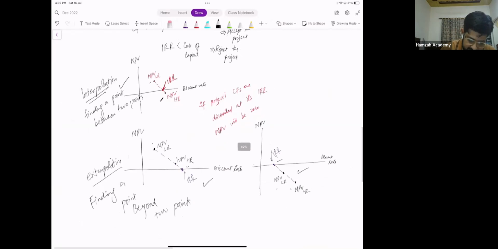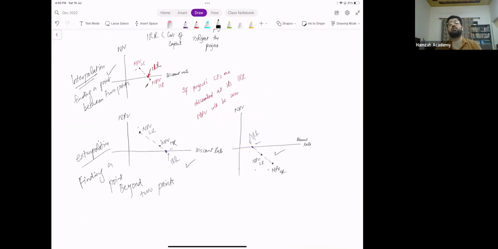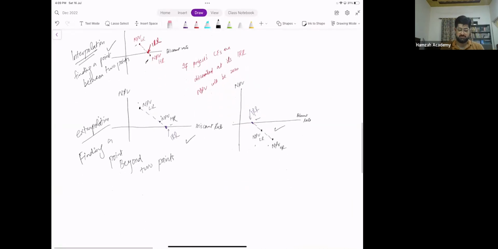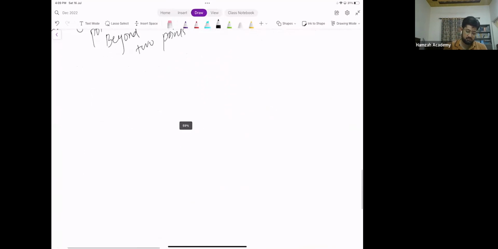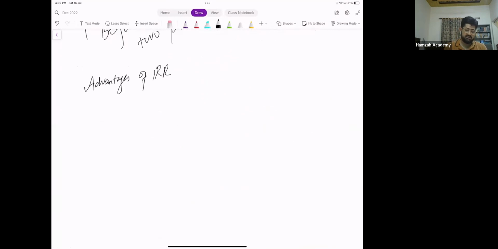Now, IRR advantages and drawbacks. Advantages of the IRR method. First of all, cash flow based. Considers time value of money.